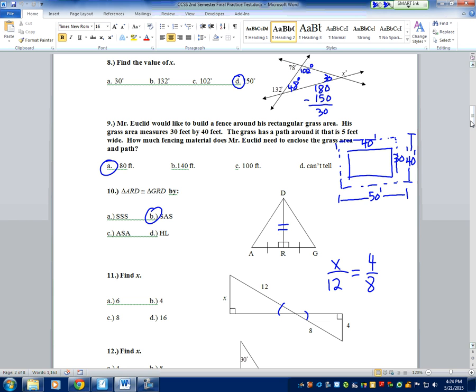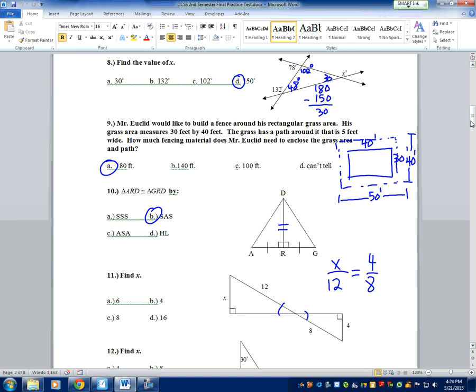And then you just solve for x. What does x equal? 6. Yep, that's it. So answer choice A, 6.